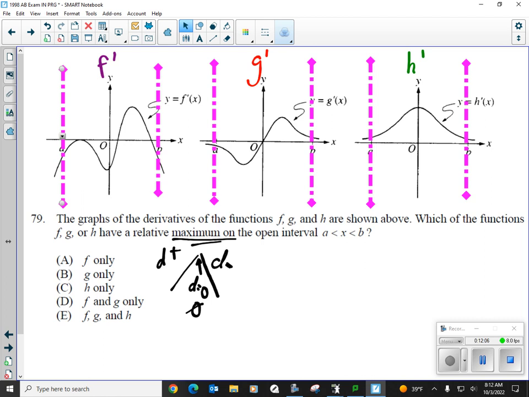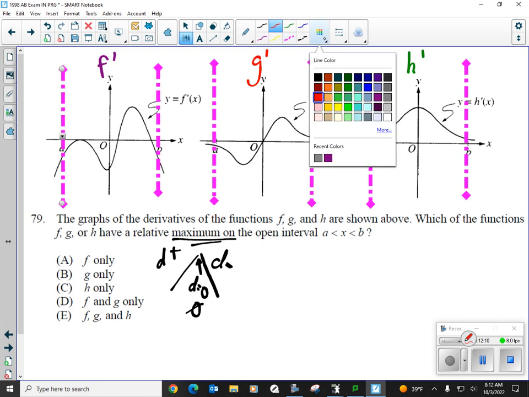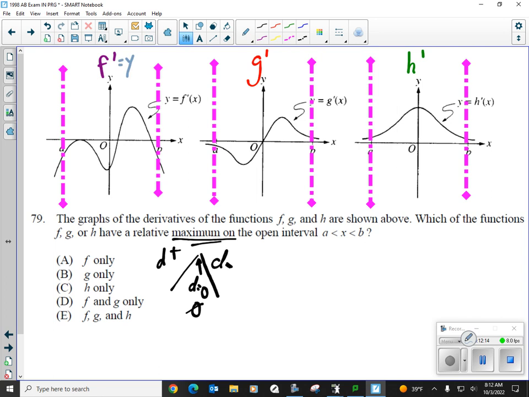There's a reason that I make the y-axis the derivative. The derivative is whatever the y value is. The y's are all positive above the x-axis, and they're all negative below the x-axis. And where they touch the x-axis, your derivative or your y value is 0.